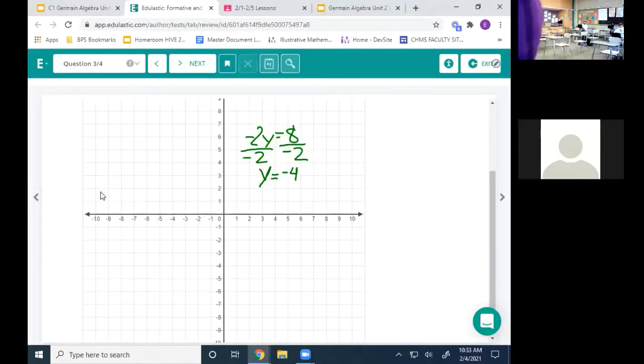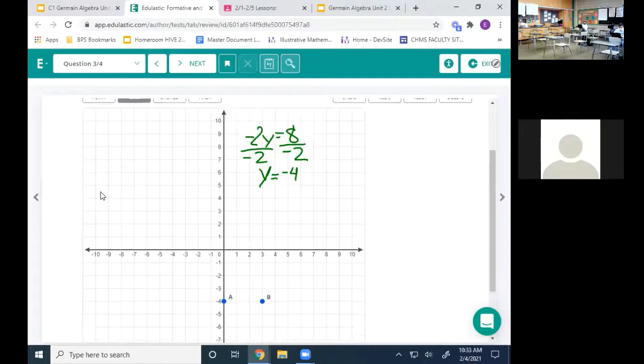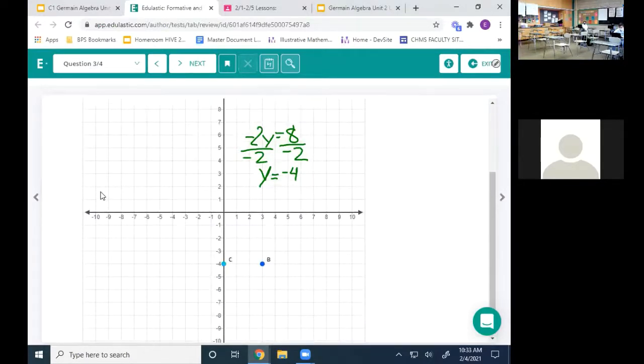I hit my y-axis and any other point on that line of negative 4, and then connect them using the line tool. Boom. I have my line now.